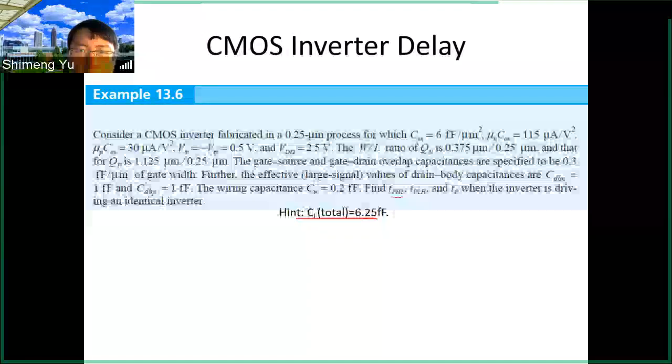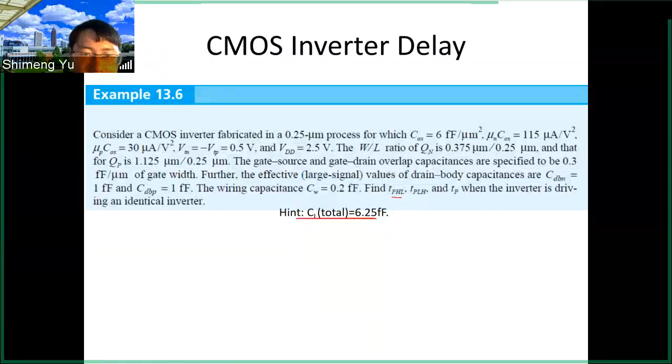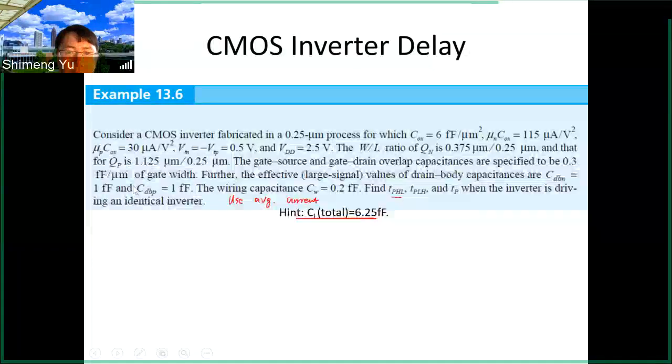In the homework or in the exam, I will specify to use the average current method or RC delay equivalence. Here we specify to use average current. Then how do we get the TPHL?